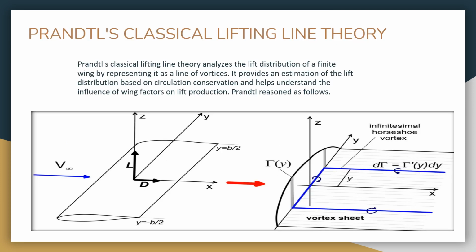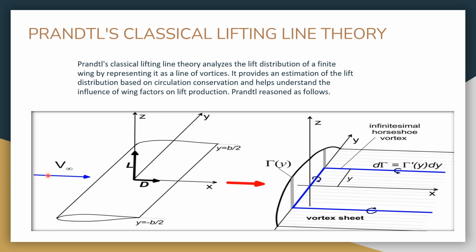As we know from the previous topics, Prandtl's classical lifting line theory is very important for finding the general lift distribution. The Prandtl classical lifting line theory analyzes the lift distribution of a finite wing, representing the wing by a line of vortices, as follows.